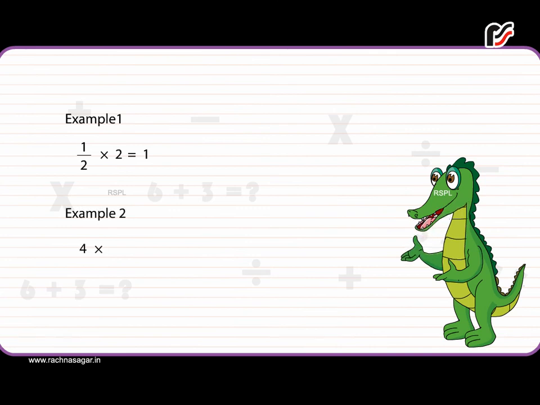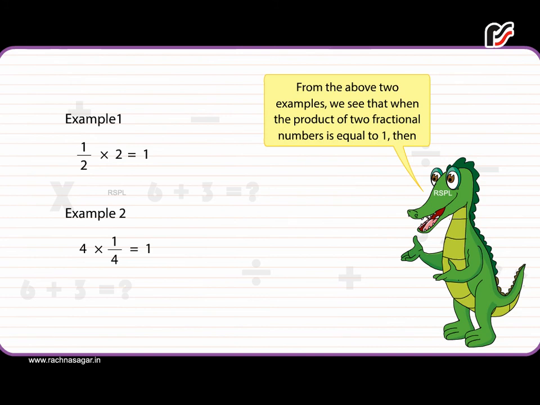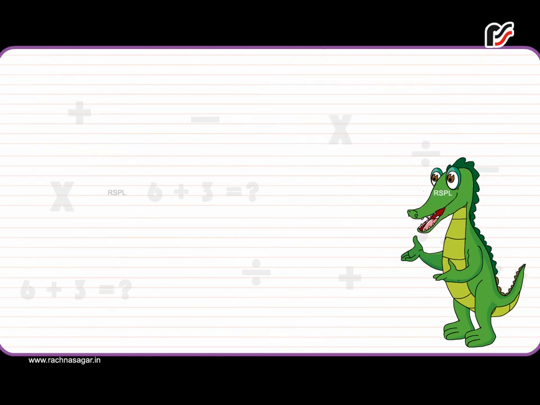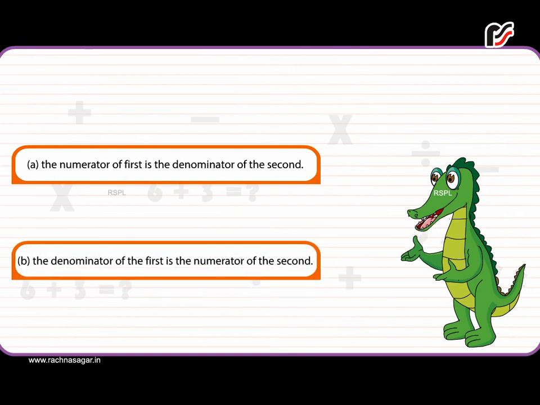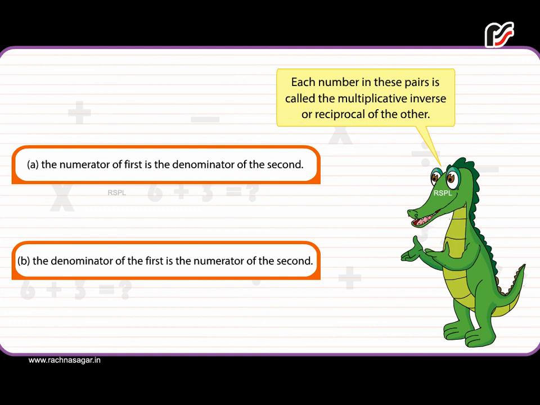Example 2. 4 multiplied by 1 by 4 is equal to 1. From the above two examples, we see that when the product of two fractional numbers is equal to 1, then the numerator of the first is the denominator of the second, and the denominator of the first is the numerator of the second. Each number in these pairs is called the multiplicative inverse or reciprocal of the other.